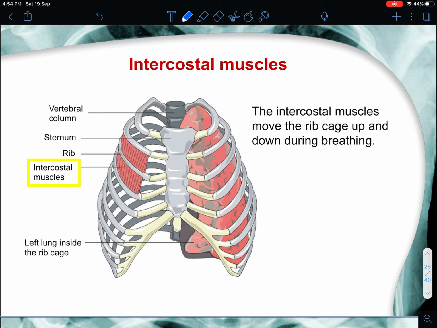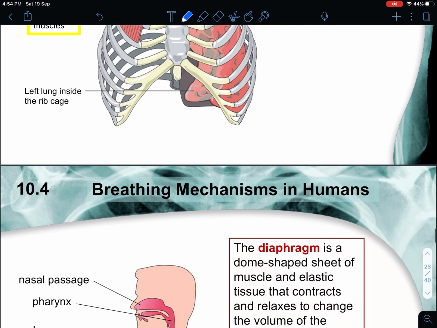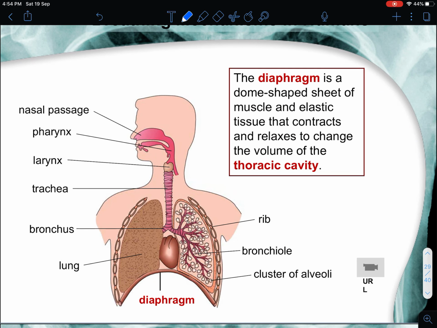So the intercostal muscles will move the rib cage up and down during breathing to help facilitate the increase of your thoracic cavity and adjustment of the pressure. The diaphragm is another dome-shaped sheet of elastic muscle that contracts and relaxes to change the volume of your cavity. This is located at the bottom. So again, for those of you who want to hold more air inside your body, you will need to train the strength of your diaphragm.